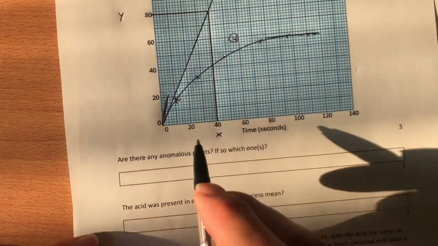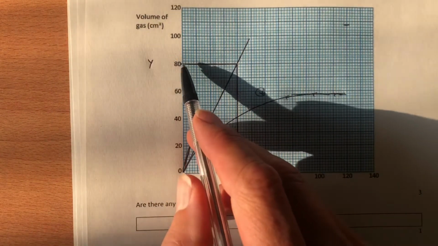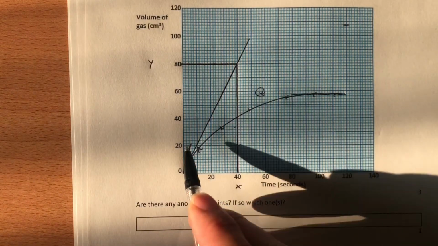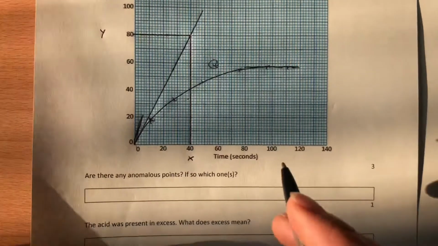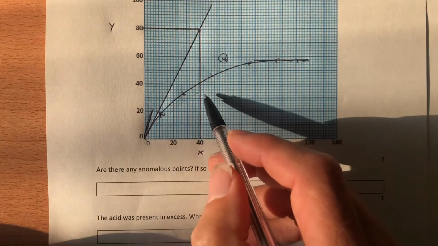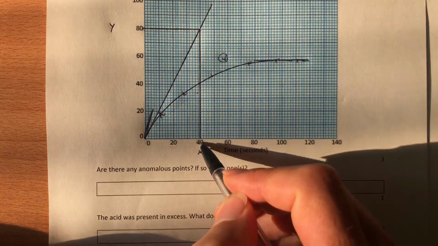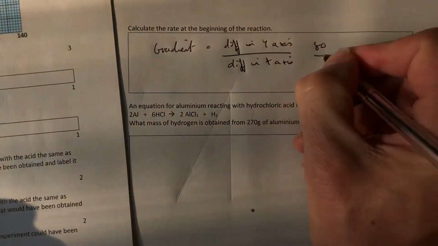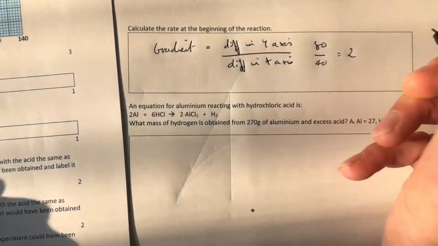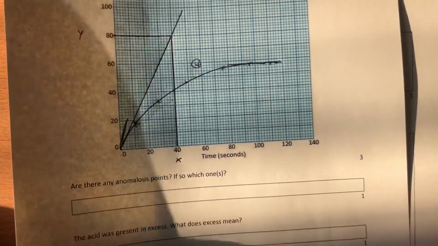So on the y-axis, we ended at 80 and started at 0, so the difference is 80. On the x-axis, it ends at 40, starts at 0, so our difference here is 40. 80 divided by 40 is 2. Now that's an answer, but I also want a unit.